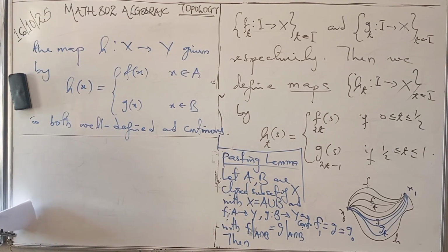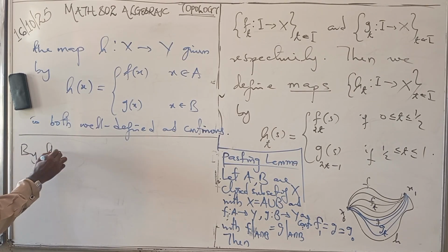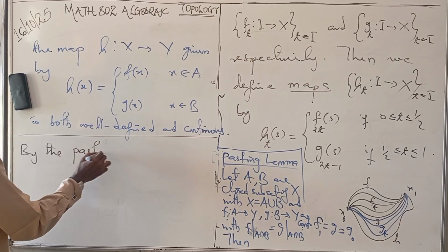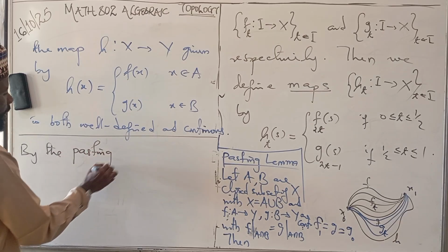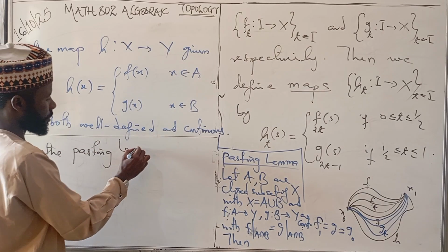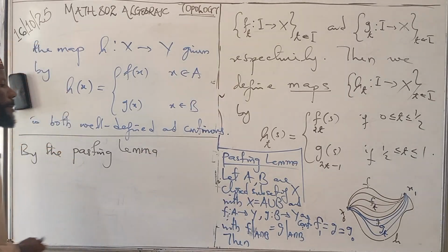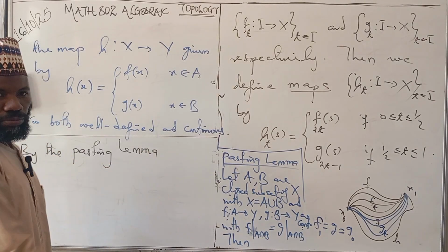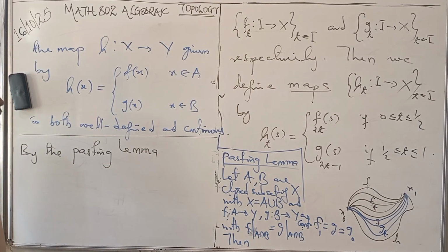So by the pasting lemma, since we have reminded ourselves of what it is, then we can quote the lemma. It's not difficult to prove. You can just do it. It's an easy exercise.